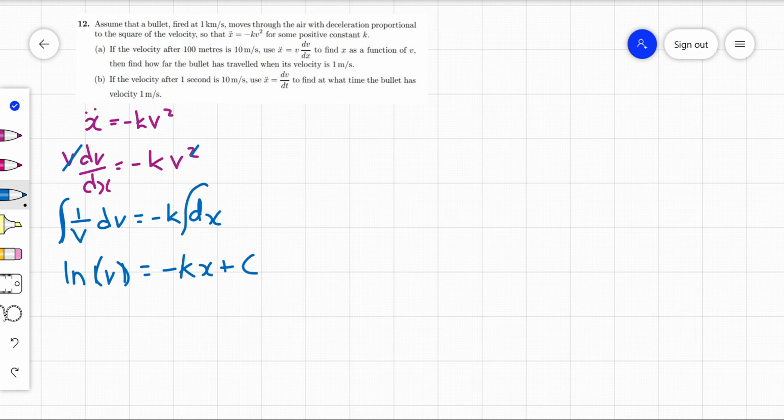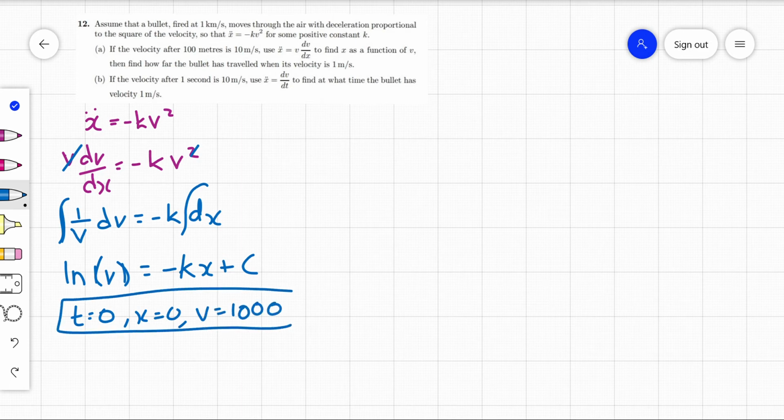Now do remember we've got t equals 0, x equals 0, and velocity is 1 kilometre, so 1,000 meters per second. So we can use this to, well, let's use the v and the x first. So we've got log of 1,000 equals minus k times 0, so that equals c.